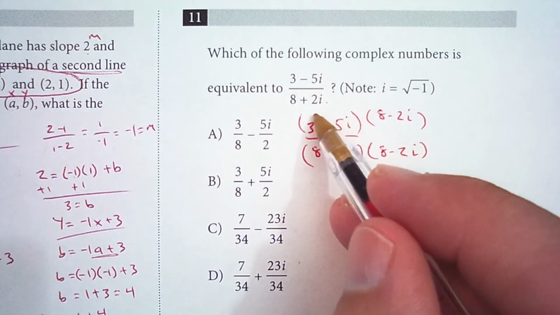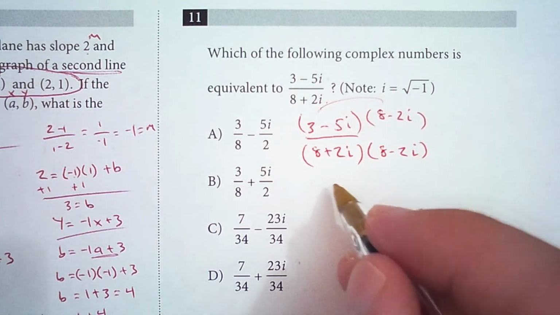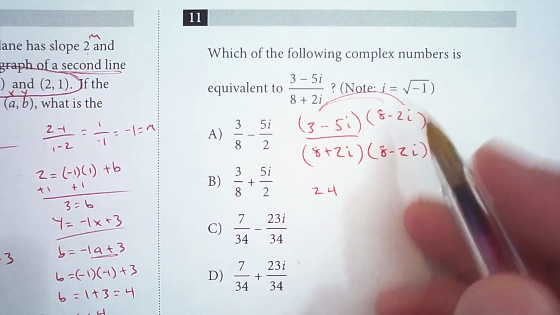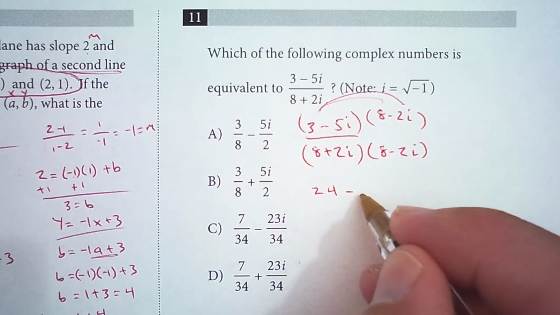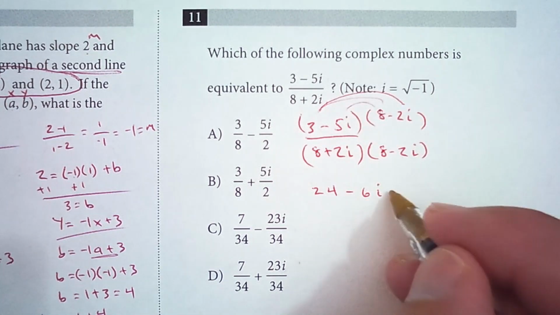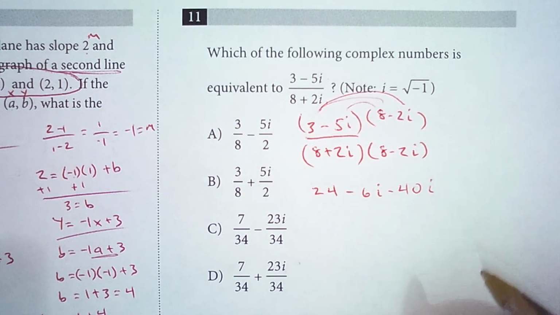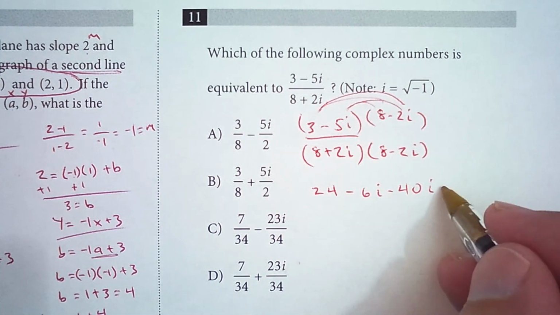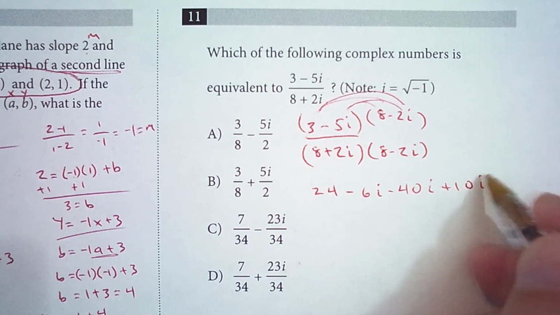Okay, so we will distribute. 3 times 8, that's 24. And then 3 times negative 2i, so negative 6i. Negative 5i times 8, that's negative 40i. And then negative 5i times negative 2i, that's positive 10i squared.